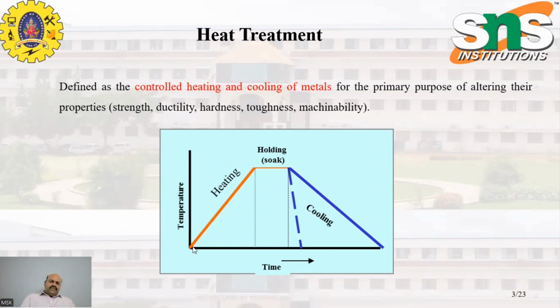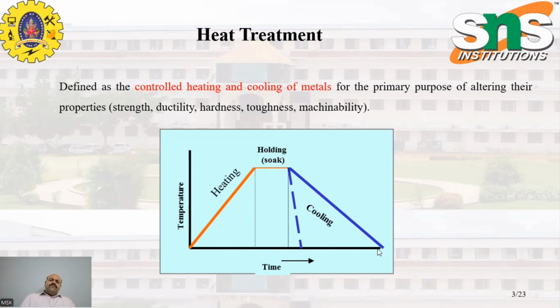For example, we start with 0 degrees and we raise the temperature slowly, on the x-axis in the graph, to a particular temperature, and we hold for a certain period of time. We call it the soaking time, and again we start cooling, right? This takes some time, which is represented on the x-axis.